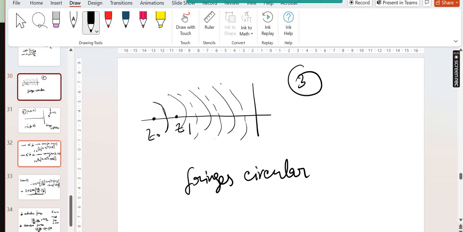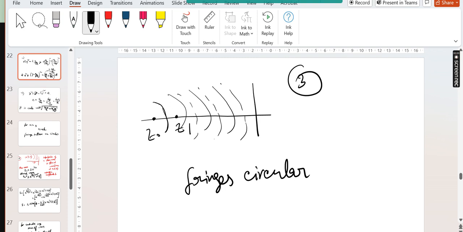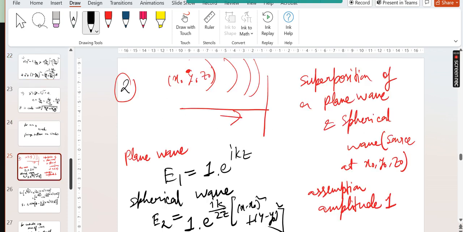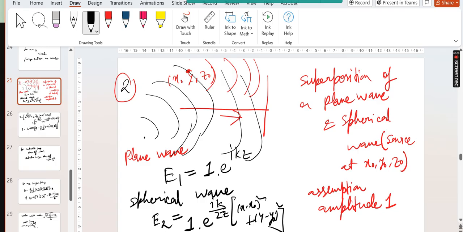So here we get three kinds of situations. For a spherical wave superimposed with a spherical wave, the fringes are circular, and it doesn't depend on where. You can imagine many other kinds of positions the spherical wave is coming from, and it basically follows the same way.